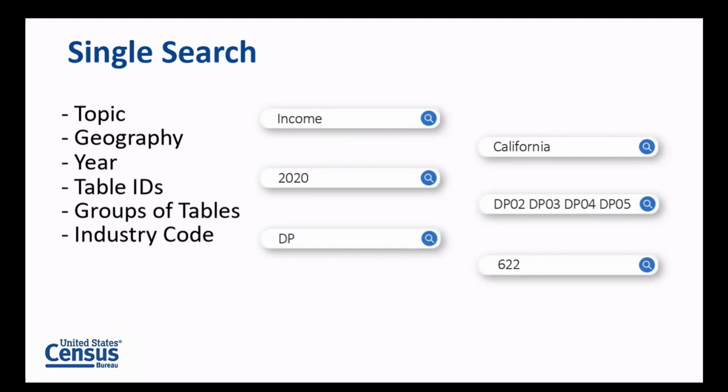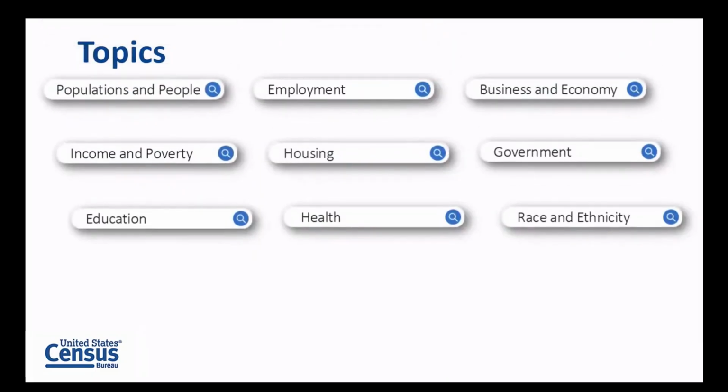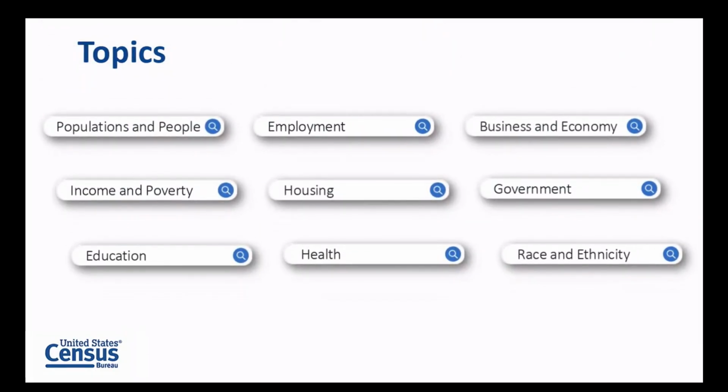The single search bar supports geographies at the national, state, county, city, town, congressional district, school district, tribal area, and zip code levels. If you're new to Census Bureau data, here are a few of the high-level topics covered in data.census.gov. The single search bar allows you the flexibility to attempt to search for any keyword, but these are a few recommendations if you're not sure where to start.